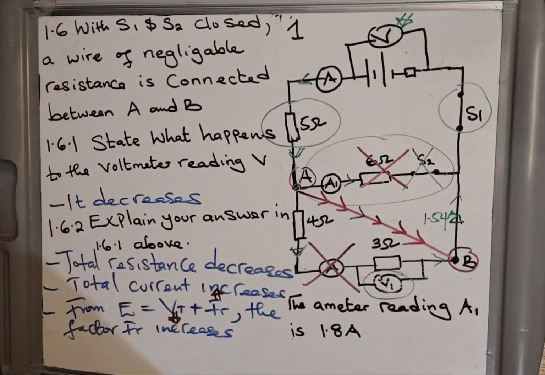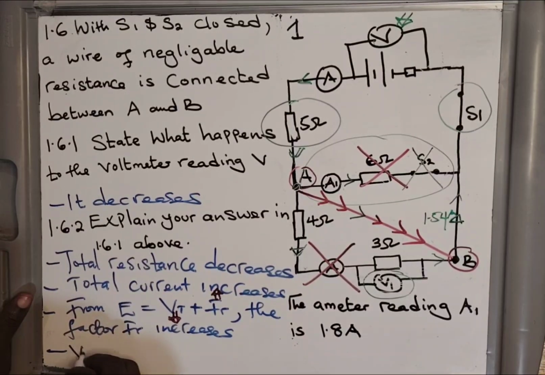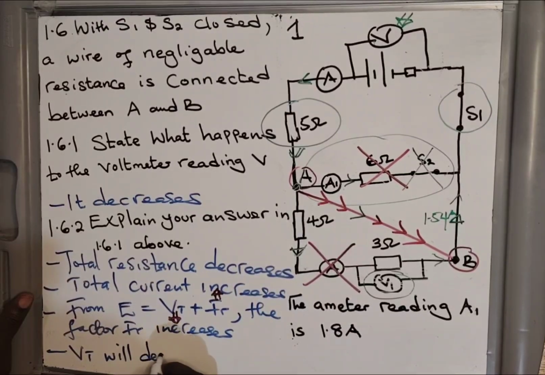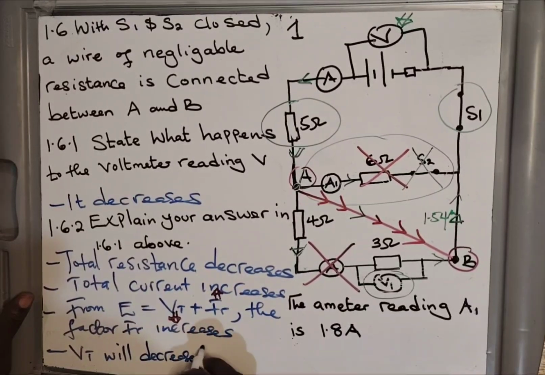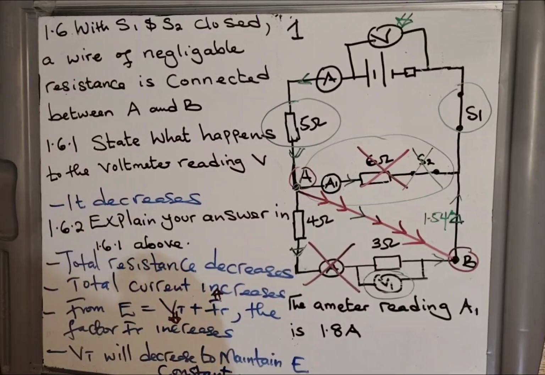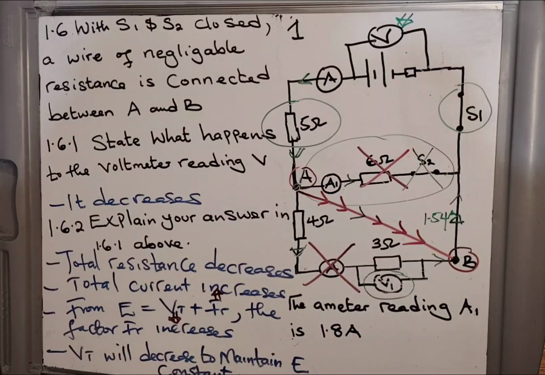And that's what we give as the last point. What does it say? Terminal voltage will decrease to maintain E constant. Okay, that is that. Actually, I'm trying to emphasize the same idea. We did it in the question before.